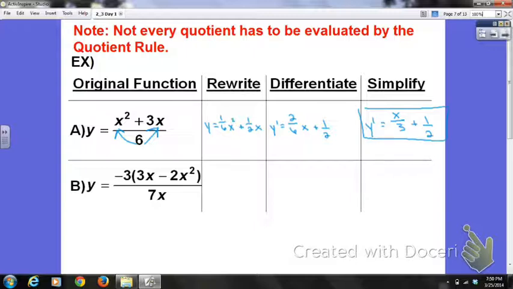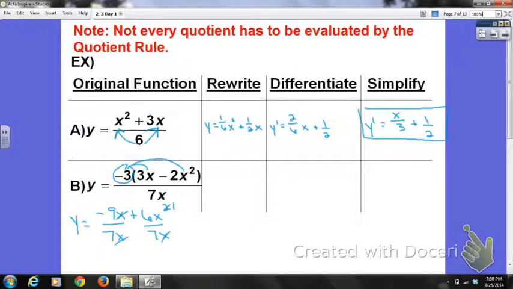Let's check out b. Let's first start by distributing our -3 into our numerator. Then we'll do the same thing we did in part A. So let's start down here. Y is equal to -9x plus 6x squared. And I'll separate the over 7x and put it into both pieces right away, make our life a little bit easier. So we can cancel out our x's. Simplify, this becomes x to the first.